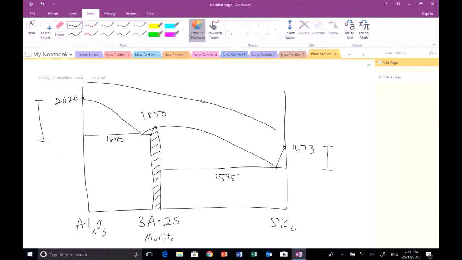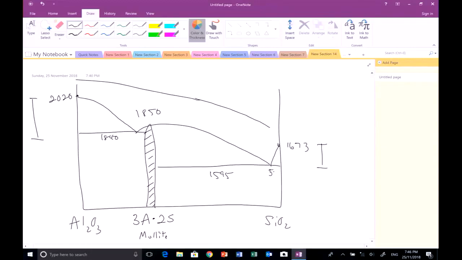Well, it's 180 degrees. But it takes you well into the diagram. On the silica side, it drops 78 degrees, but that's actually at about 5. It drops really quickly.